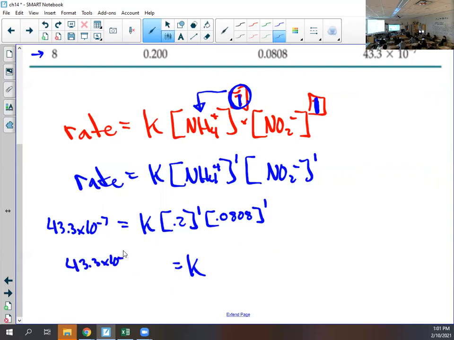43.3 times 10 to the negative 7 divided by 0.2 times 0.0808. Grace, you're typing? Oh, yes. Oh, I heard a calculator noise. It could have been me. Now, everybody, you can borrow my calculators. For chapter 14, you have to have an upper level calculator.